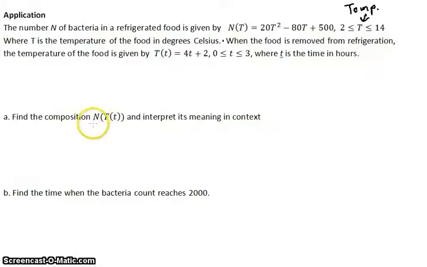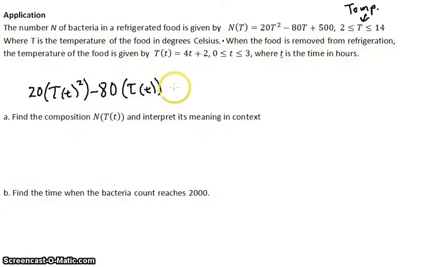So we have this outside function here, and I'm going to write this up here because I'm going to run out of room. 20 times T of t squared minus 80 times T of t plus 500.